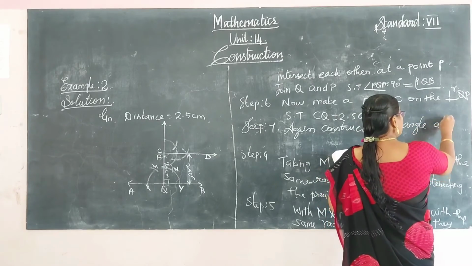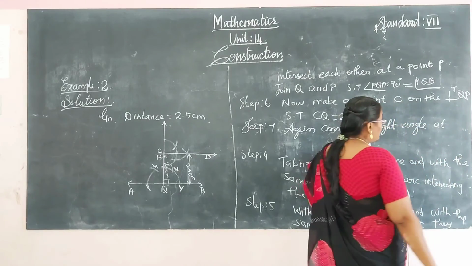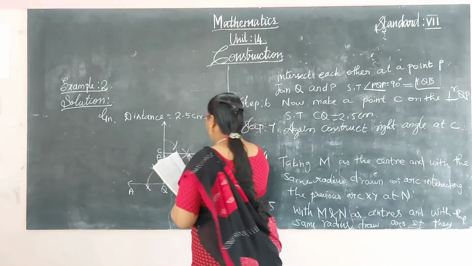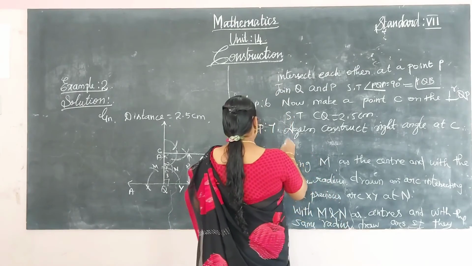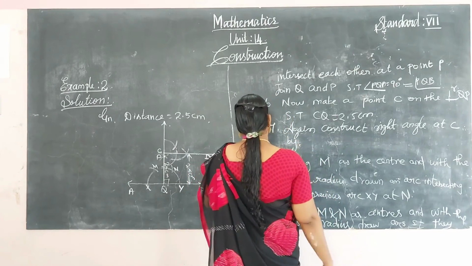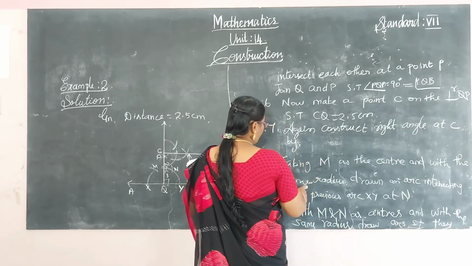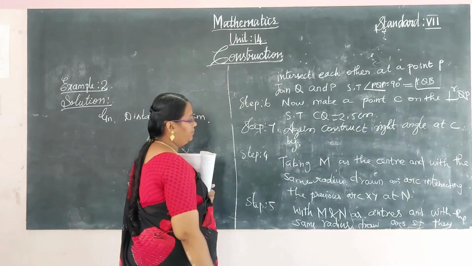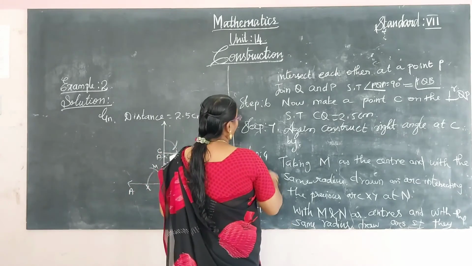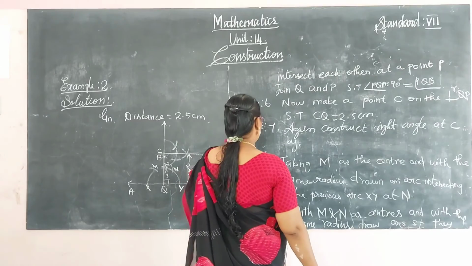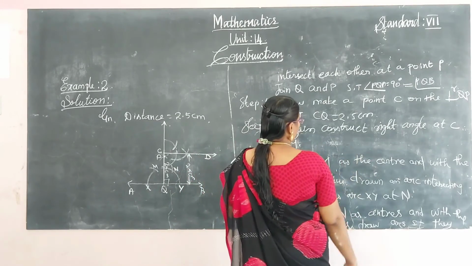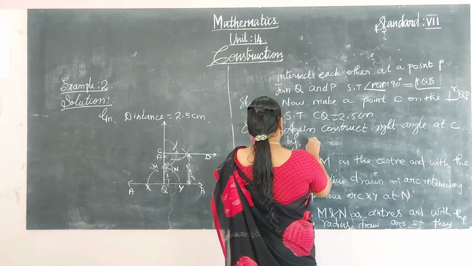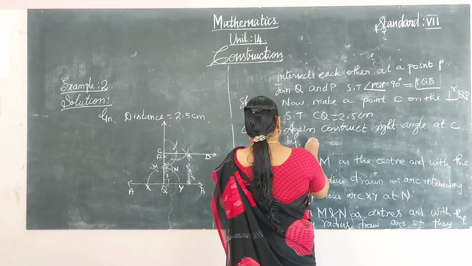Right angle means 90 degrees. So a right angle at C. With C as the center we make the right angle at C by the same steps, steps 5 and 6. You write this in this place: again construct the right angle at C by following the steps.